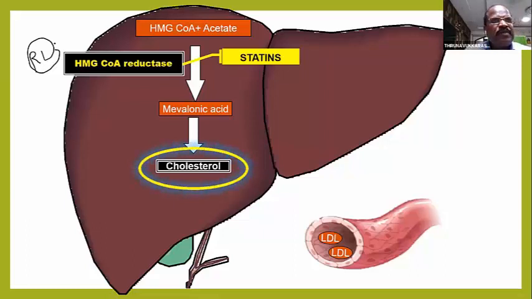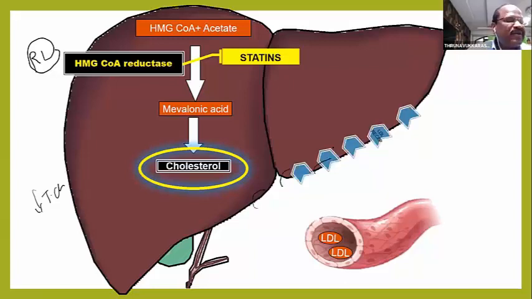They act by inhibiting this enzyme, thereby controlling cholesterol synthesis. Here, one interesting point: statins not only decrease total cholesterol, but whenever they decrease cholesterol synthesis, what happens? There is going to be upregulation of LDL receptors on the surface of the liver.